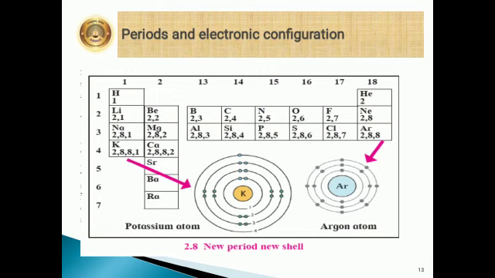So we can say that the elements with the same number of shells occupied by the electrons belong to the same period.